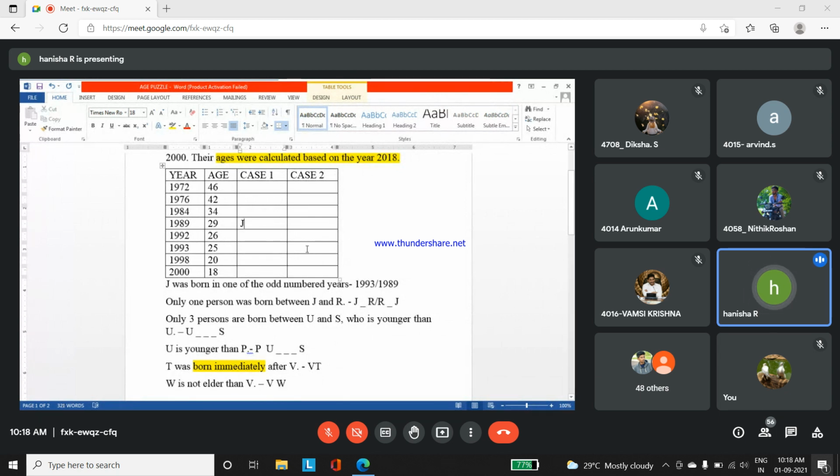In case 2, in 1993, I'm going to mark J. This is the possibility. So the first clue is done in the tabulation. I have marked down the possibilities on the respective spaces, so I am striking it out. Please do follow this also. After marking the particular point in the tabulation, strike it out so that you will not get confused whether you have done with it or not. This first clue is done.